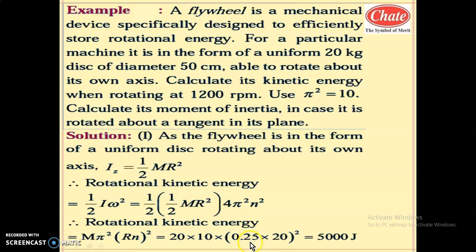This 0.25 is 1 by 4 and when we divide 20 by the 4, it will be 5. 5 square is 25. So your product is 25 into 10 into 20. 25 twos are 50, 50 and this 0 means your answer is 5000 joule. So in this case, the rotational kinetic energy of this flywheel is 5000 joule.